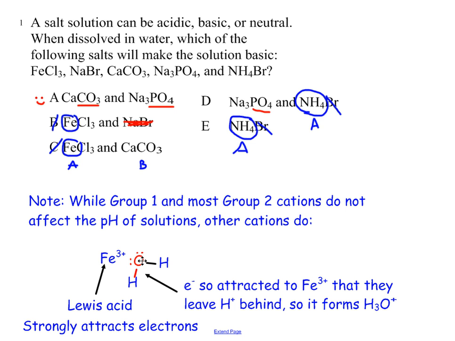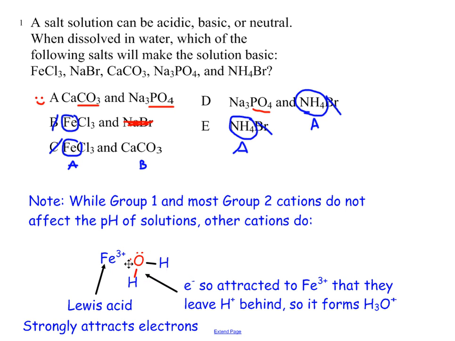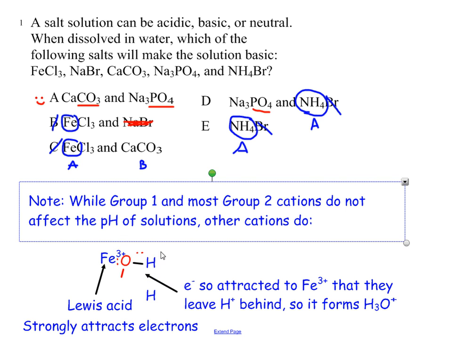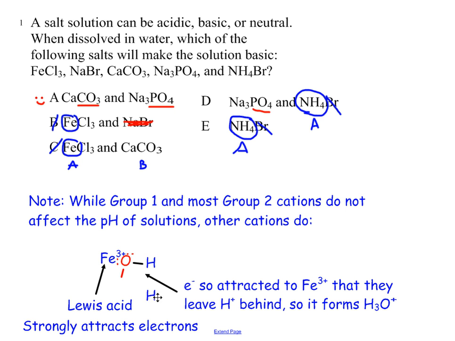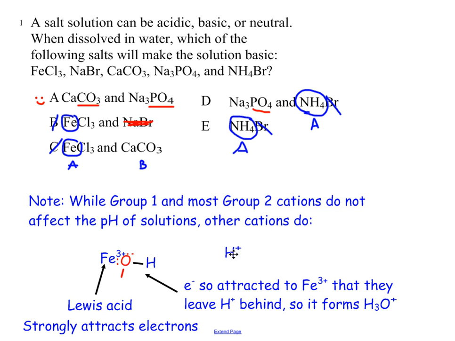They so strongly attract the electrons that these electrons right here, the ones in the red bond, are more attracted to the iron, oops, lost some electrons, than they are to the hydrogen, leaving the hydrogen ion to float away and find some water, forming hydronium ion.